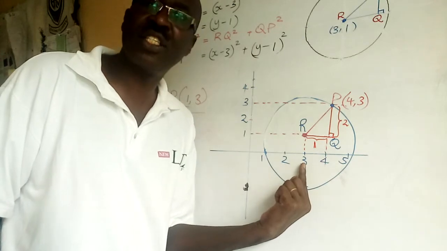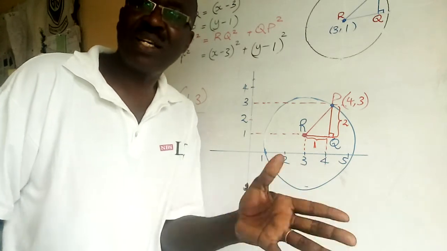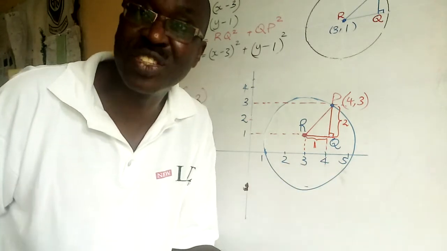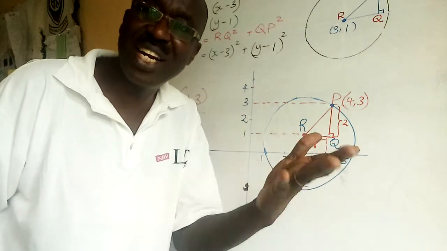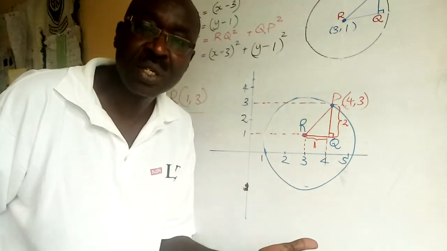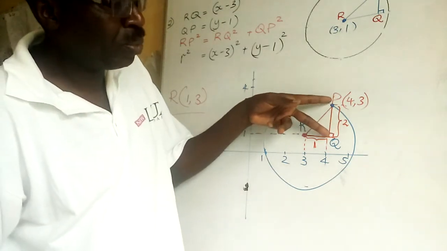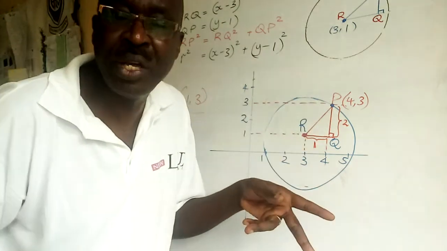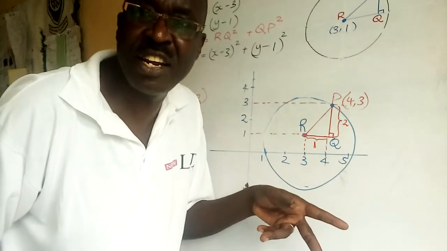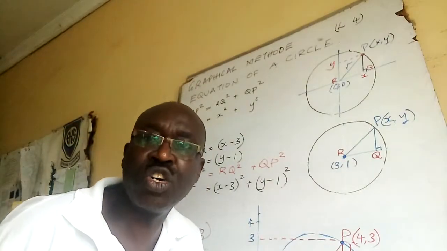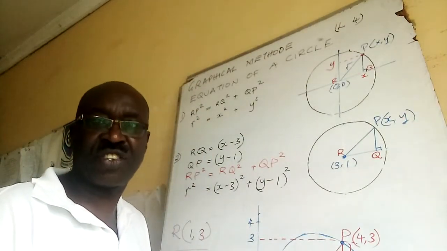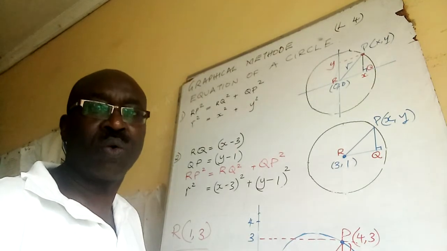Here is x is equal to 3. Like what we do with longitude difference, here we say ordinate difference. And then this PQ will be the abscissa difference, the horizontal line difference. Okay? So what do we do now?